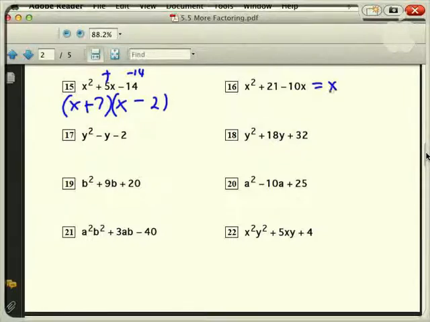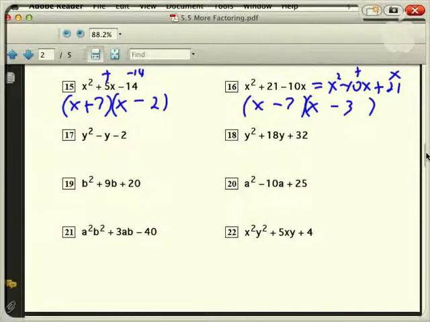16 needs to be rewritten in descending order. We're looking for two numbers then that add up to negative 10 and multiply to 21. That'd be minus 7 minus 3. In number 17, we'd have y minus 2 times y plus 1.